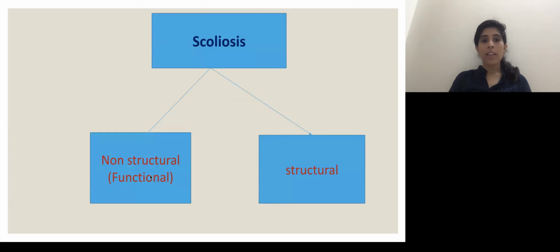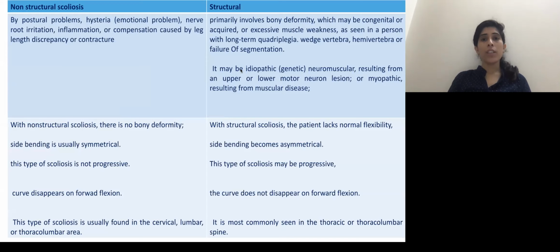As I said, there is non-structural or functional, and structural. Non-structural or functional deformities we can correct with proper guidance and proper exercises. With structural deformities, at least we can reduce the symptoms which are present. So these are the differences between non-structural and structural scoliosis.